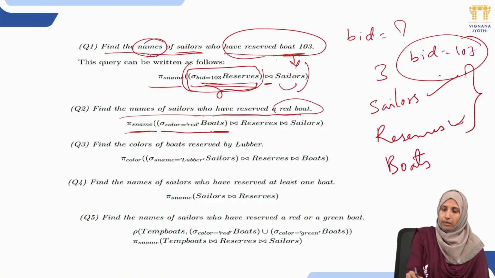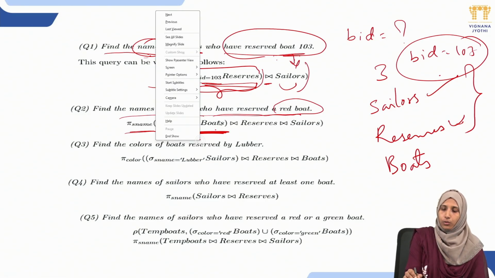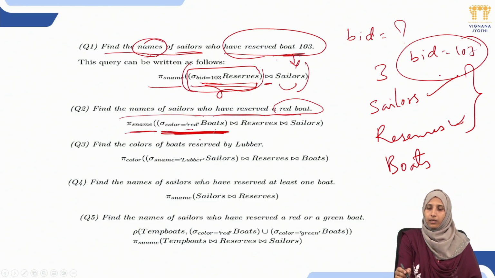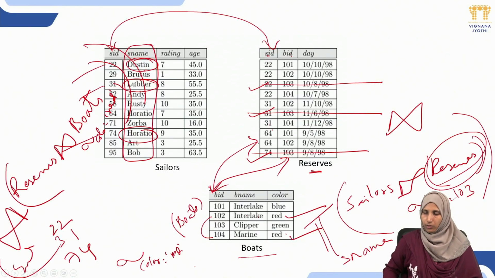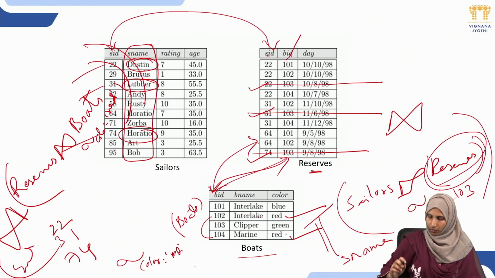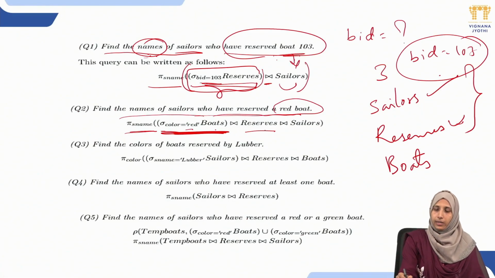What they have done is extract the rows wherever color equals red from the boats table. We'll get some intermediate result. To that intermediate result, you apply a join operation with the reserves table based on the common column BID. We'll get a second intermediate result. To that you apply a join operation with the sailors table.